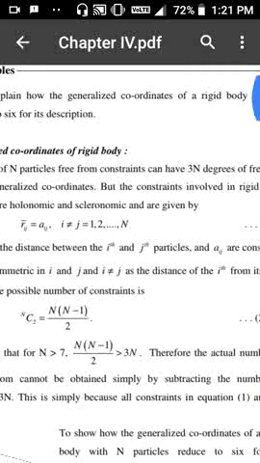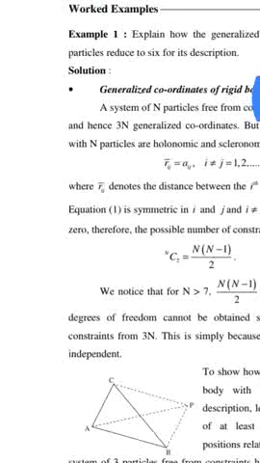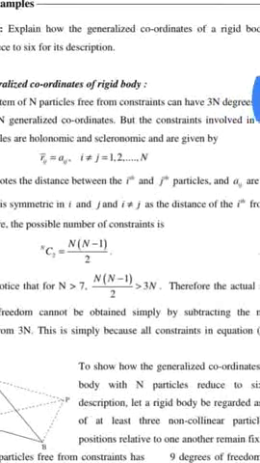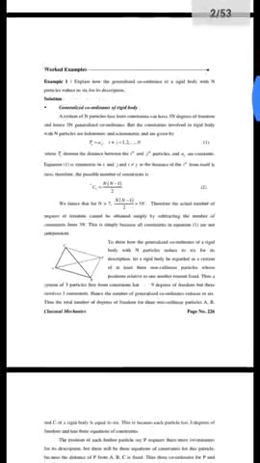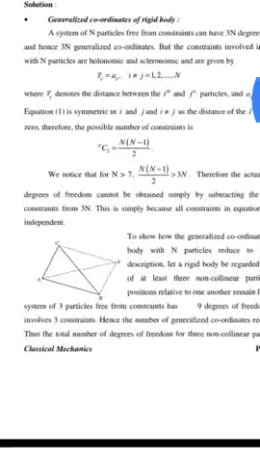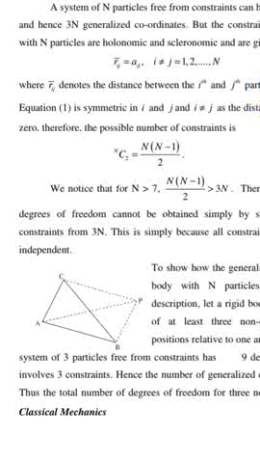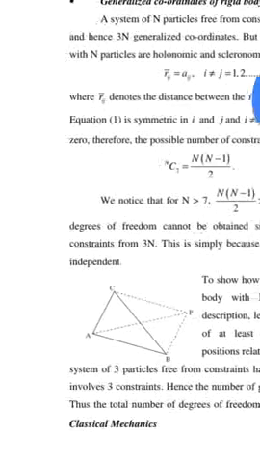But the constraints involved in a rigid body with n particles are holonomic and scleronomic and are given by r_ij bar is equal to a_ij, i is not equal to j, where i, j = 1, 2, 3, ..., n, r_ij bar denotes the distance between the ith and jth particle, and a_ij are constants.